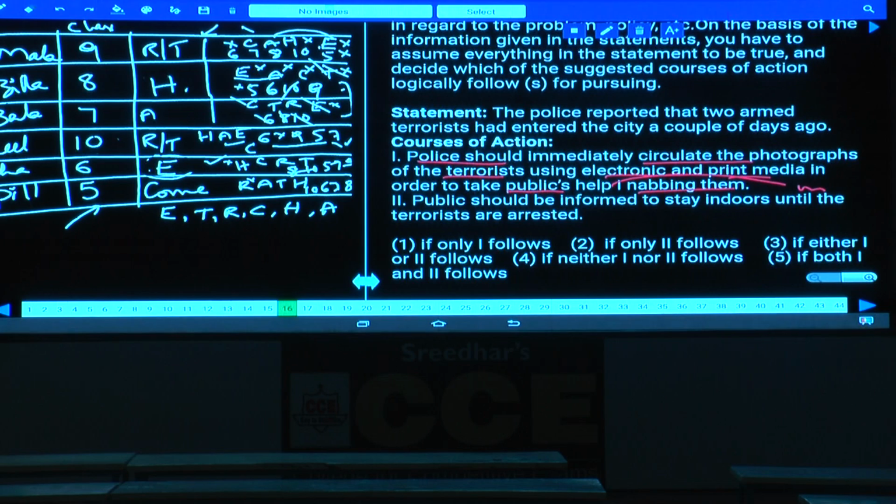By implementing this one, is there a possibility to arrest these persons or not? Hence the first one is a perfect course of action. Second one, public should be informed to stay indoors until the terrorists are arrested. Now sir, by implementing this one, can the police arrest these terrorists? No. The second one is ruled out.